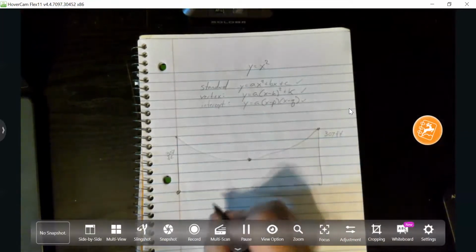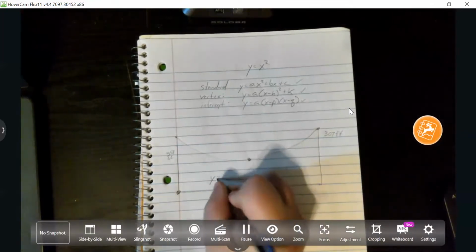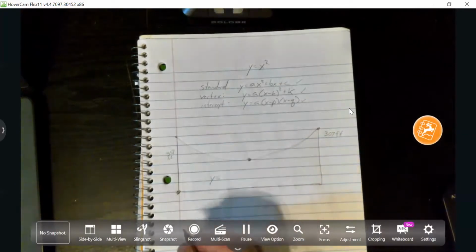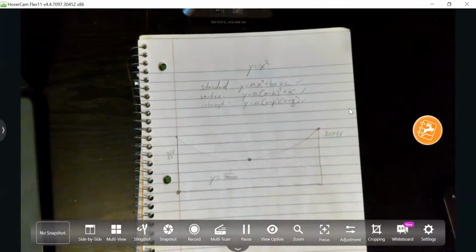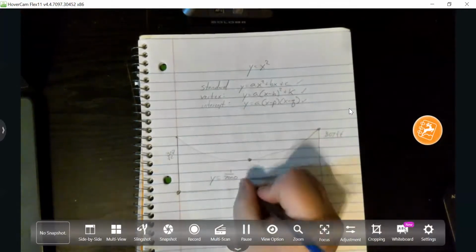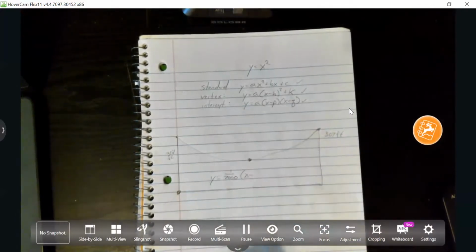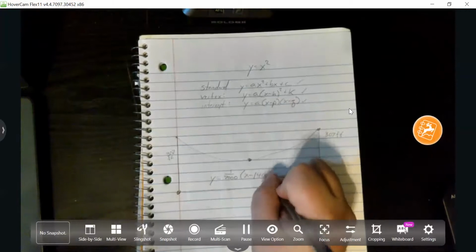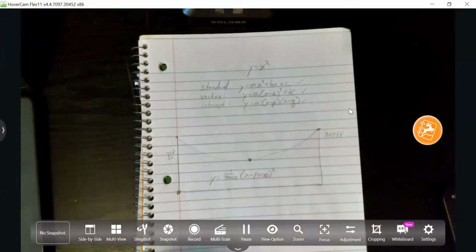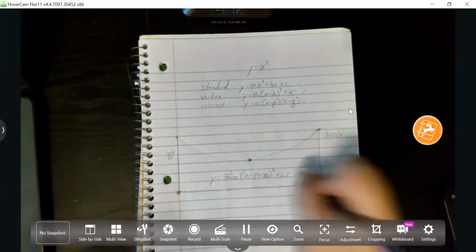Now they modeled it, and they tell us that the equation of this parabola is 1/7000 (x minus 1400) squared plus 27. Nice random amount there.